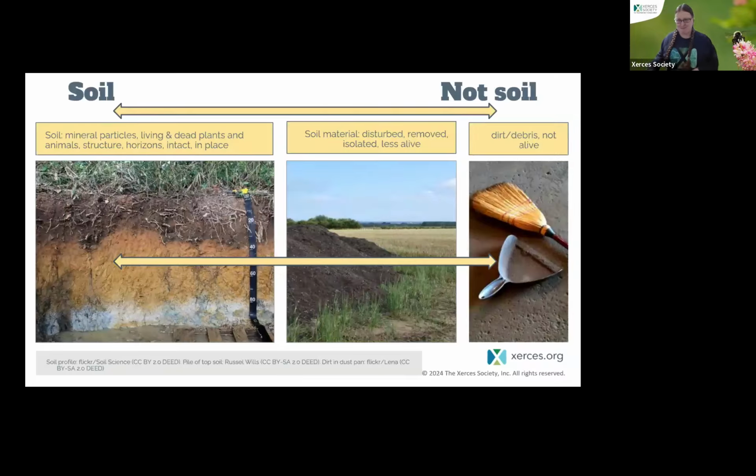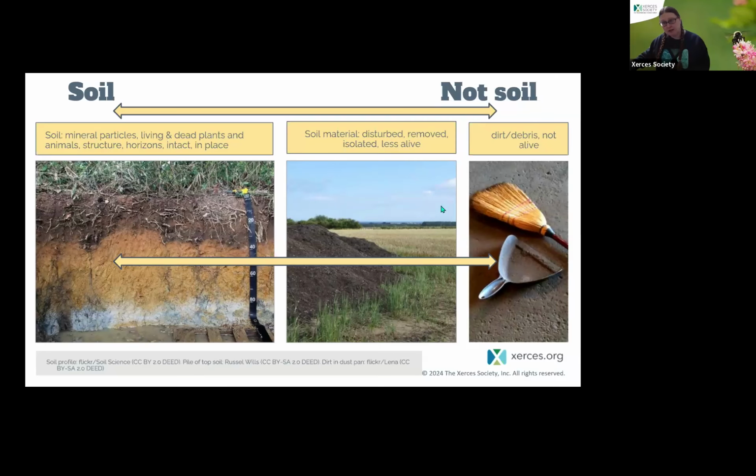So, soil, another review slide, is made of mineral particles of living and dead plants and animals. It has different structures and horizons that you could see here in this cross section on the first slide to the left.